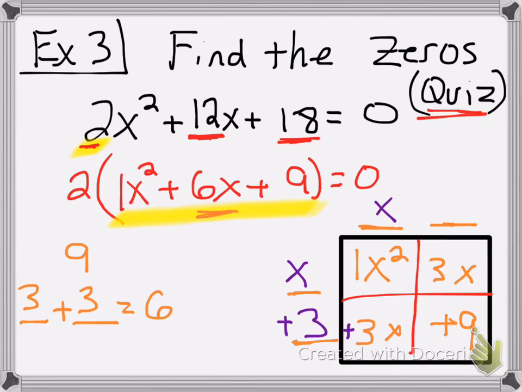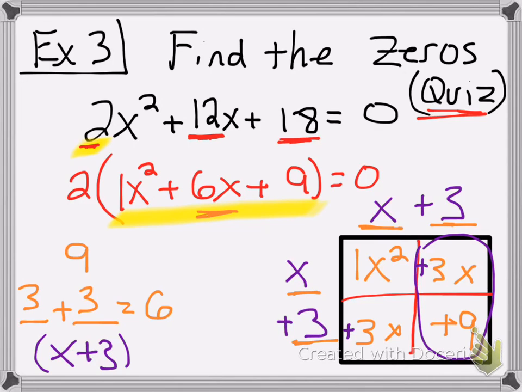First column is also x. Since that's positive 3, that's positive. And the greatest common factor of that column is actually 3. Alright, this one works out really nice. Probably because I made it up myself. x plus 3, parentheses, x plus 3.